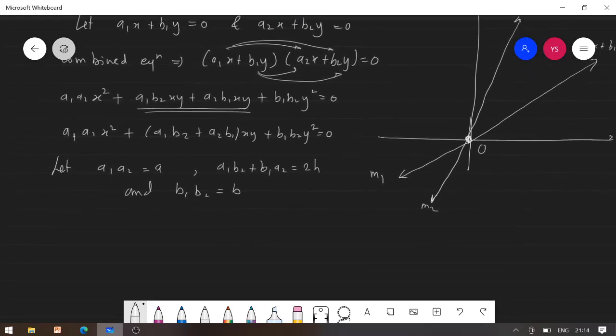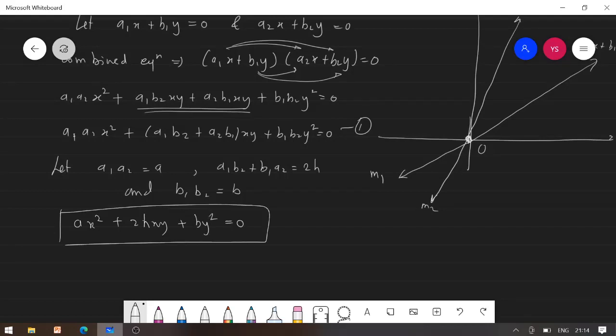So after replacing from equation 1, we have ax square plus 2hxy plus by square equals to 0 as the required combined equation of pairs of straight lines, or any two lines passing through the origin having the equation a1x plus b1y equals to 0 and a2x plus b2y equals to 0.